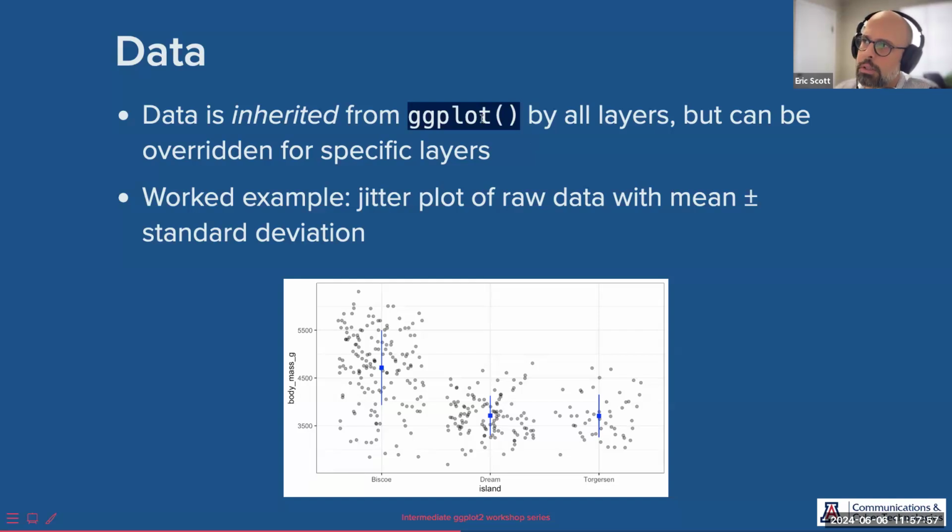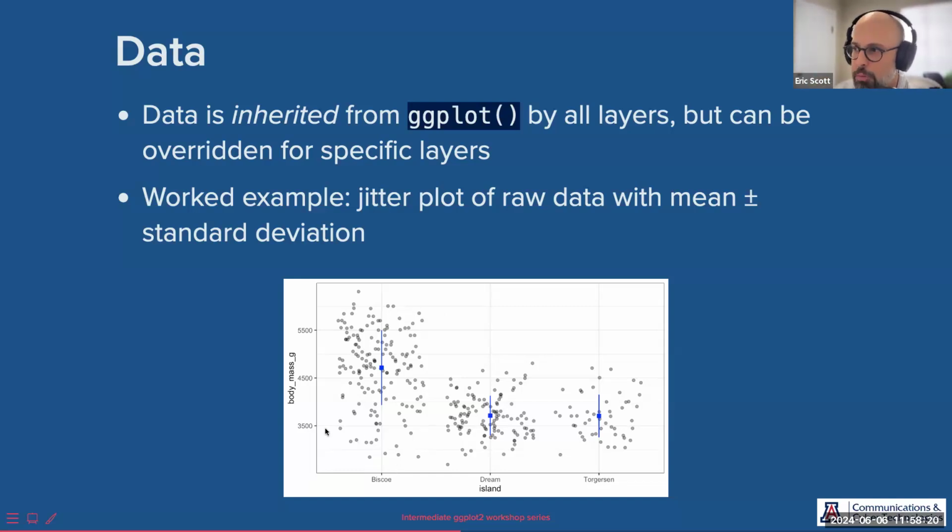Usually you give it a data set, and then you add some points and some lines and other stuff, different geometric objects. But we can also override the data set for certain layers, and plot 2 different data sets in the same plot. Here's an example of that.